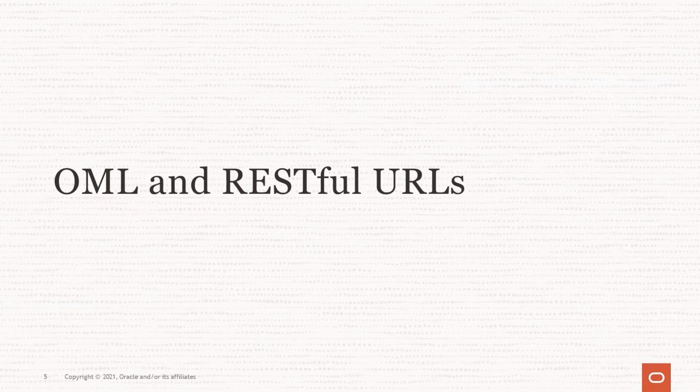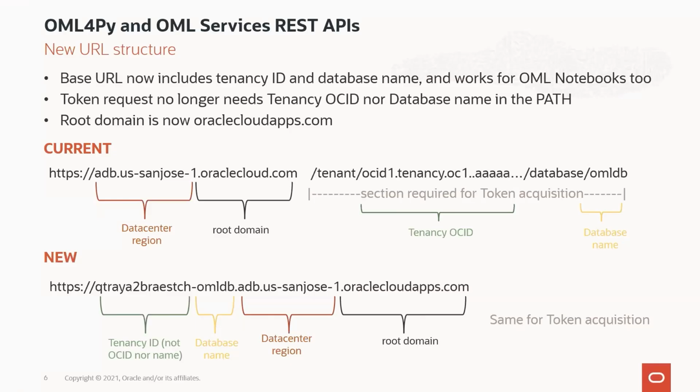Okay, now let's look at the updates to the OML REST URLs. Oracle Machine Learning provides REST APIs for OML for Python and OML Services. The OML for Python REST API for embedded Python execution has endpoints to run user-defined Python functions, but managed by the database environment.